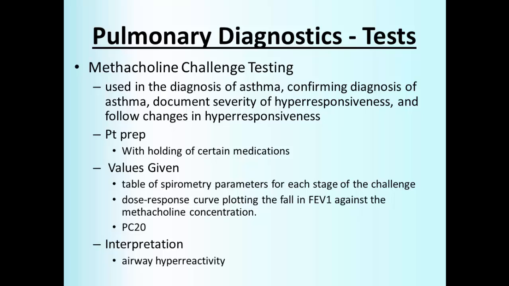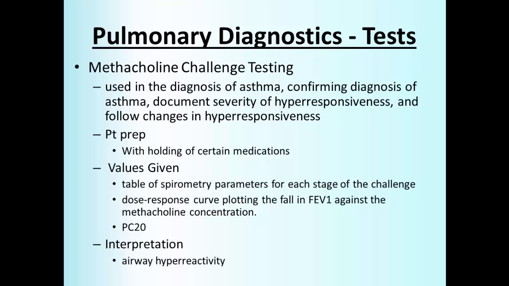Next one we're going to look at is the methacholine challenge testing, which is used in the diagnosis of asthma, confirming diagnoses of asthma, documenting the severity of hyperresponsiveness, and following changes in hyperresponsiveness.